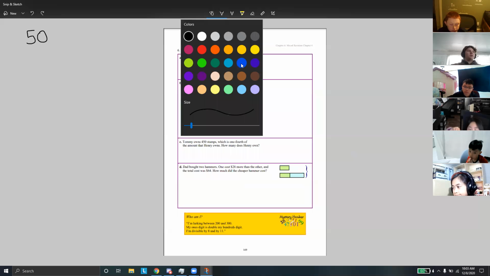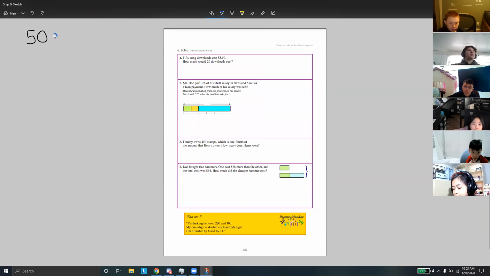I'm going to do a lowercase s, and you always want to be careful when you use s's. It's not ideal. I could just write song if I want. It does not really matter. 50 times song. So why am I writing this? Because 50 times song is equal to $5.50.